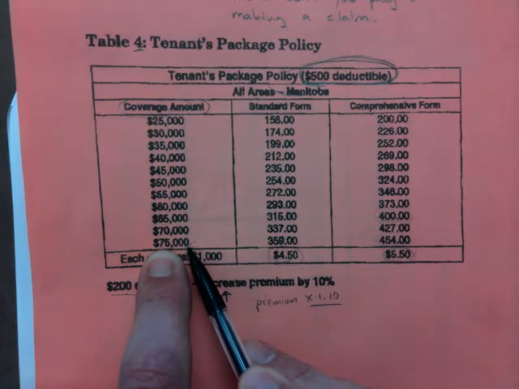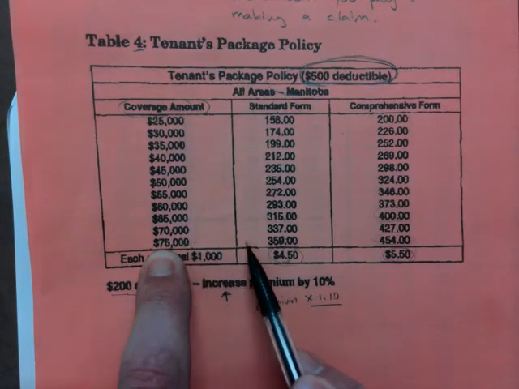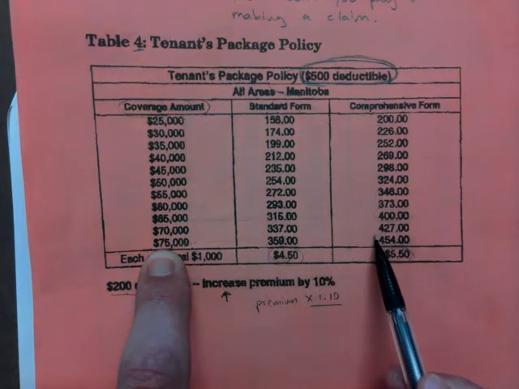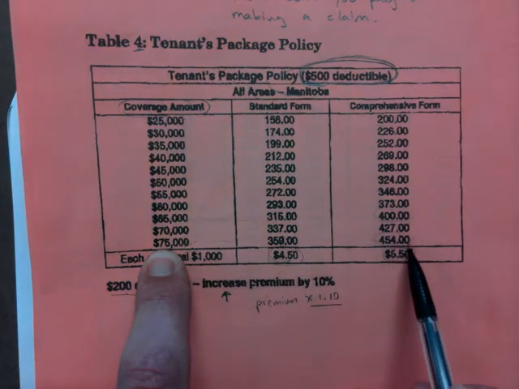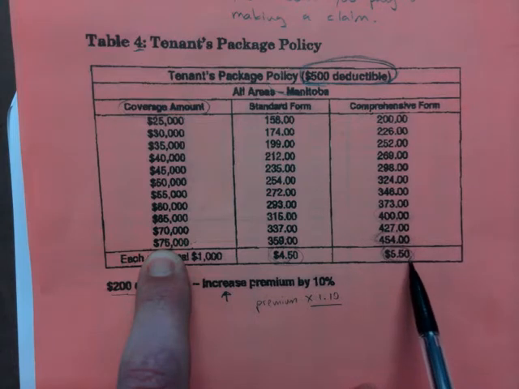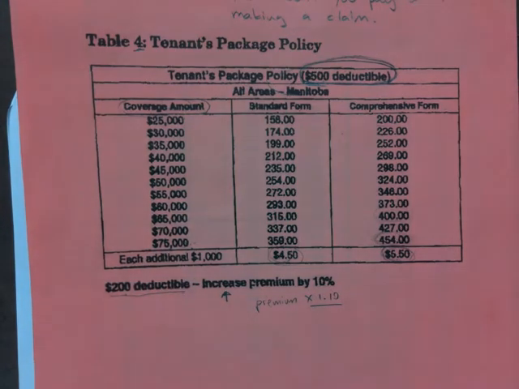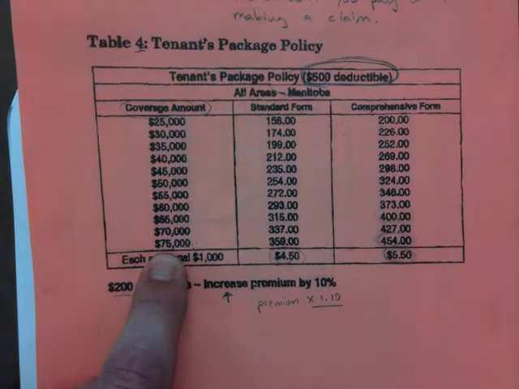So we're obviously past that, right? We want insurance for $120,000. So this is what you do. You go to the max, which is $75,000. In this case, we want comprehensive. So let's write down the 454 and remember the 550 as well, because that's how much you pay for every $1,000 above the $75,000 you want to insure.